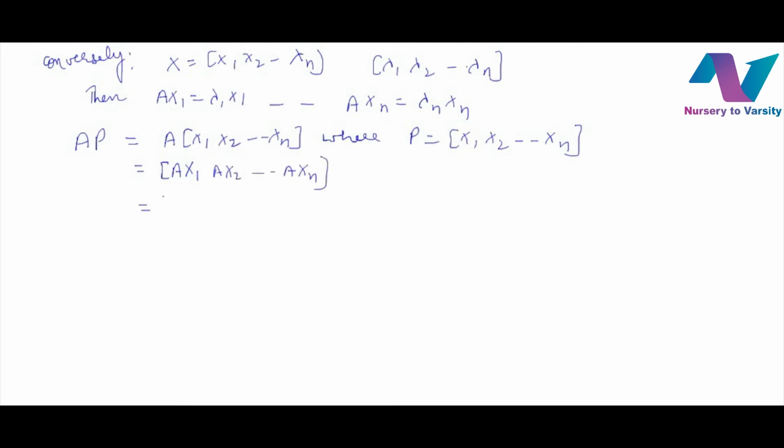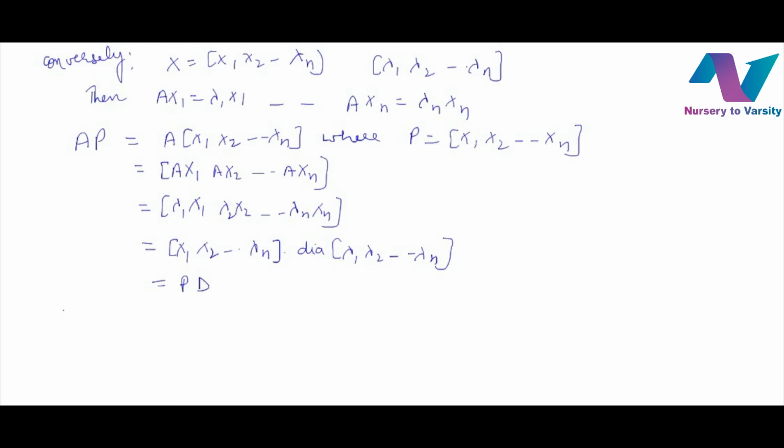This equals [lambda 1 x1, lambda 2 x2 up to lambda n xn], and this equals [x1 x2 up to xn] into the diagonal matrix of lambda 1, lambda 2 up to lambda n, which equals PD.